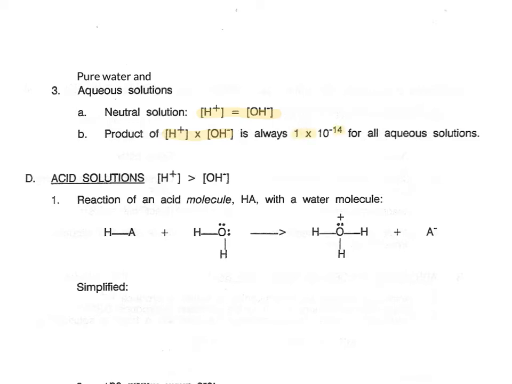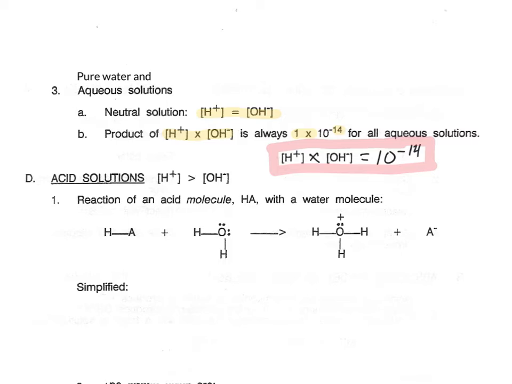So if we know hydrogen, we know hydroxide. That is true for all of our aqueous solutions, including acidic and basic solutions. But in acids and bases, the hydrogen ion and the hydroxide ion are not equal to each other.